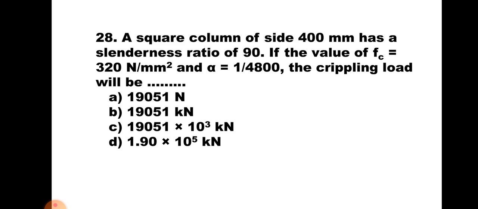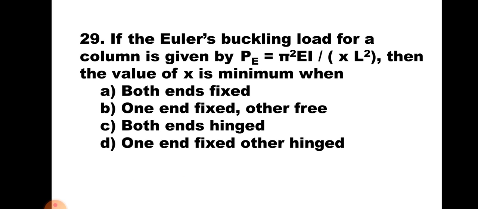PR is equal to Fc into A upon 1 plus alpha into bracket slenderness ratio square. So if you put all the values, you will come to know that the value of crippling load will be 19051 kilonewton. Hence the correct answer is B, 19051 kilonewton.